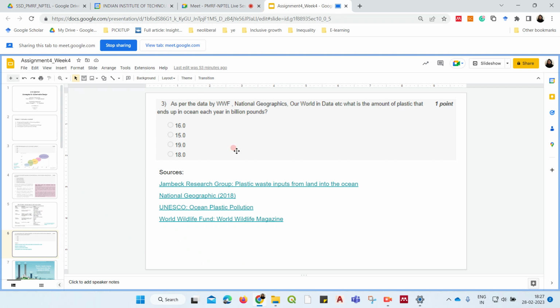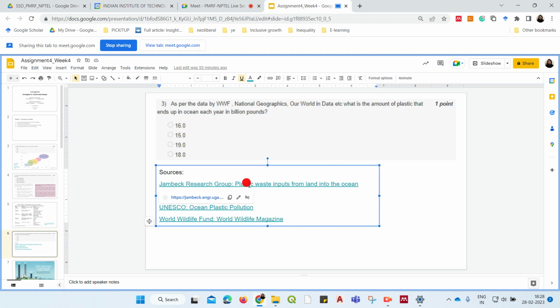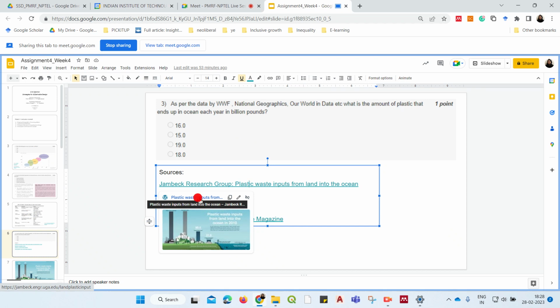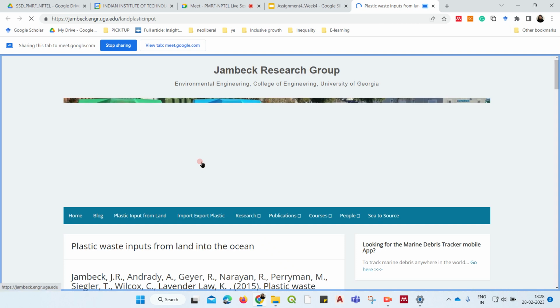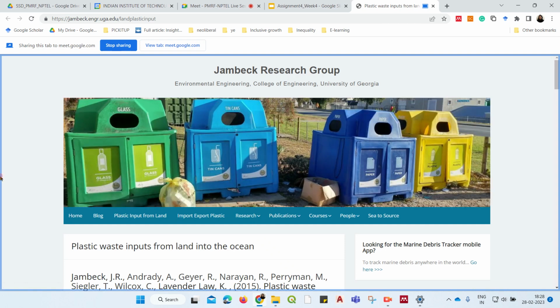Okay, so actually the data which the WWF, National Geographic, and Our World in Data, all of these are science communication channels in a way. So they communicate the environmental science, and they follow certain studies and certain data, and they tell you the amount of plastic that ends up in oceans each year. So most of this communication follows this study. This study is done by the Jambeck Research Group.